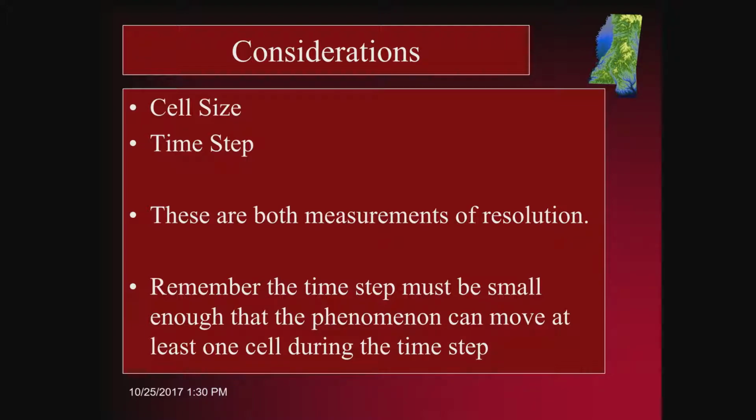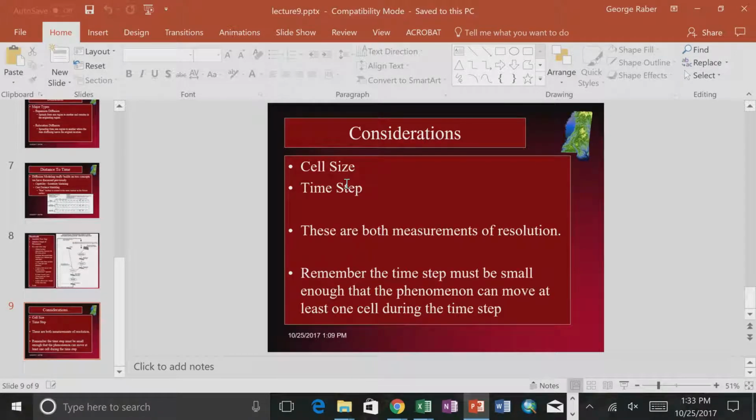You can't have really precise time steps and not precise cell sizes, or vice versa. Remember, the time step must be small enough that the phenomenon can move at least one cell during the time step. Okay, that's important.